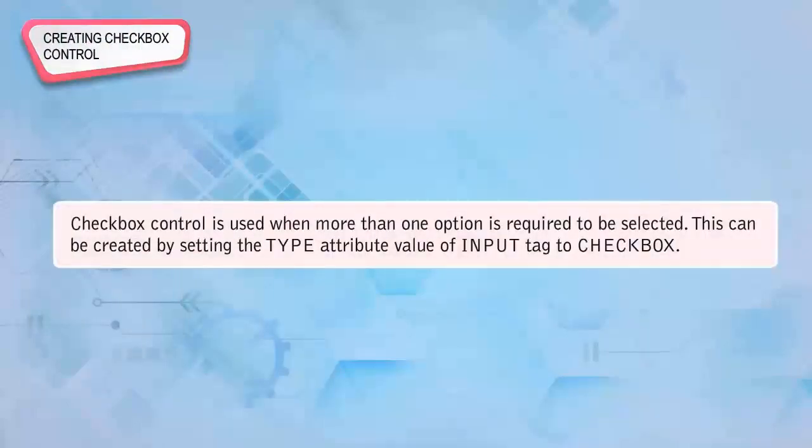Creating checkbox control. Checkbox control is used when more than one option is required to be selected. This can be created by setting the type attribute value of input tag to checkbox. Format: input type equal to checkbox.